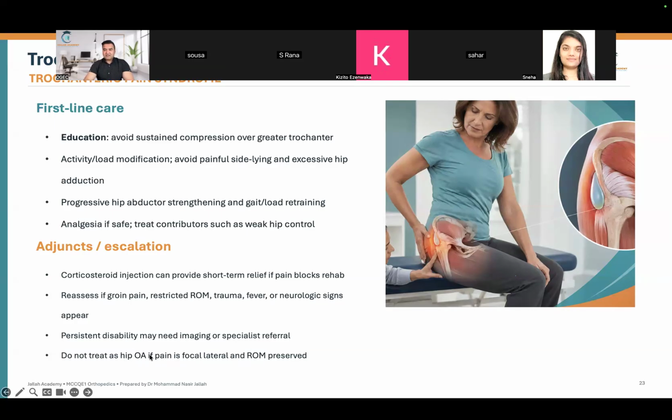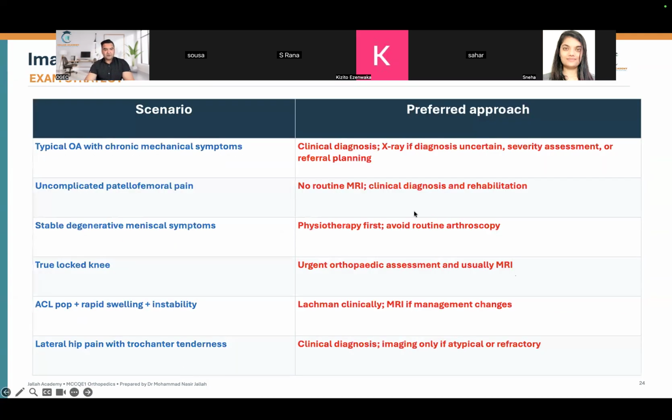So osteoarthritis is when the patient has pain at the anterior part of the groin and has limitation in internal rotation, cannot rotate his hip.